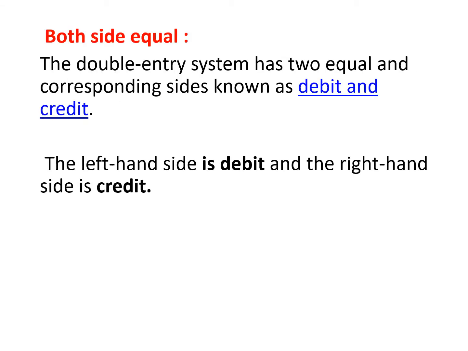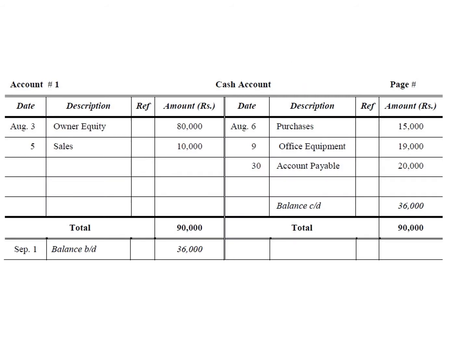It means both sides, the debit side and the credit side, will be equal. The double entry system has two equal and corresponding sides known as debit and credit. The left side is known as debit and the right side is known as credit. Look at this cash account.